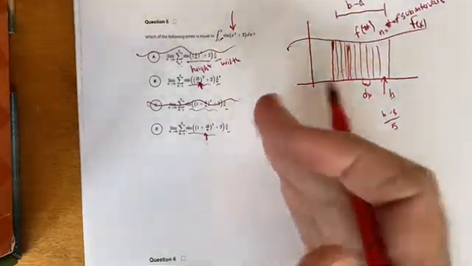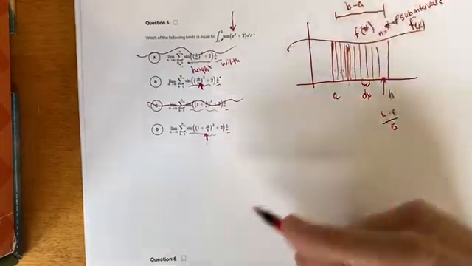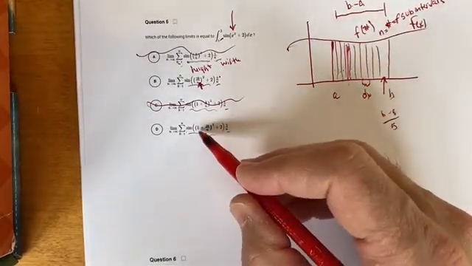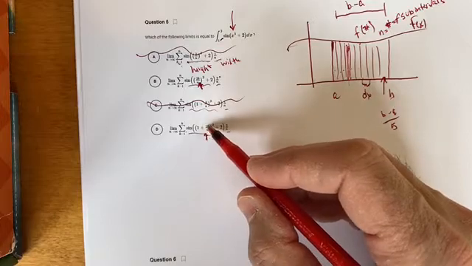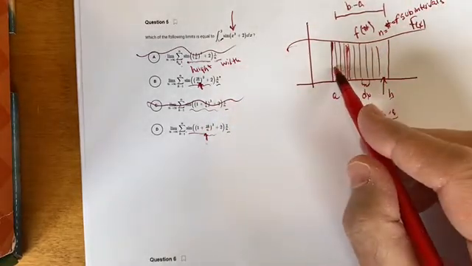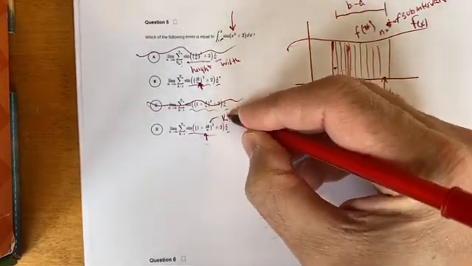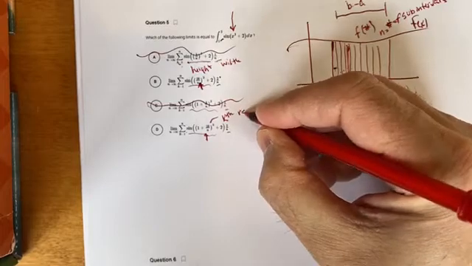We want to be that far from the left side of the interval. This 2 over n is the width of each subinterval, and the k tells you it's the kth rectangle.